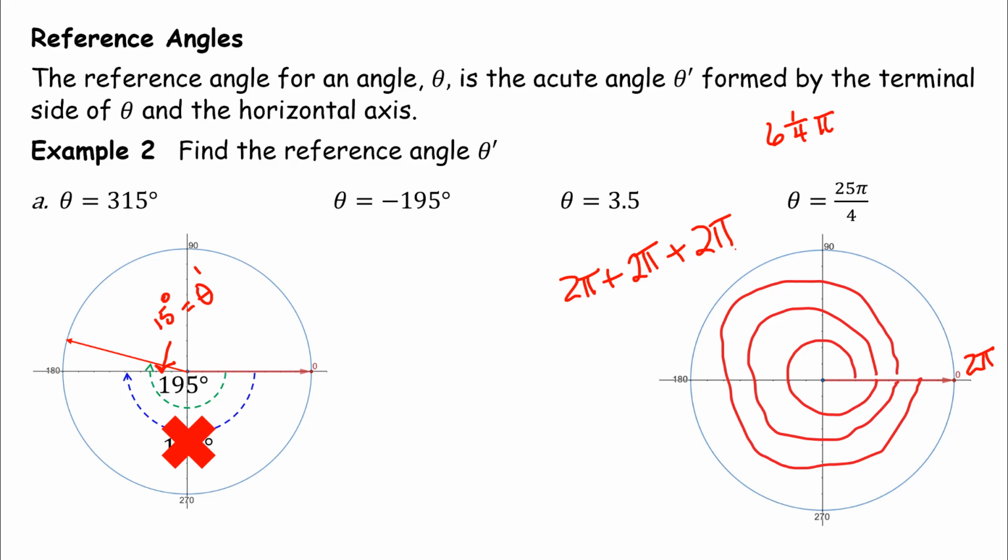I have 1/4 pi more to go. So pi over 4 more to go, and pi over 4 is 45 degrees. So I end up here for my terminal side. So the reference angle, theta prime, for my theta, which is 25 pi over 4, is just pi over 4, because it is the angle between the terminal side of this angle and the x-axis. So that is pi over 4.